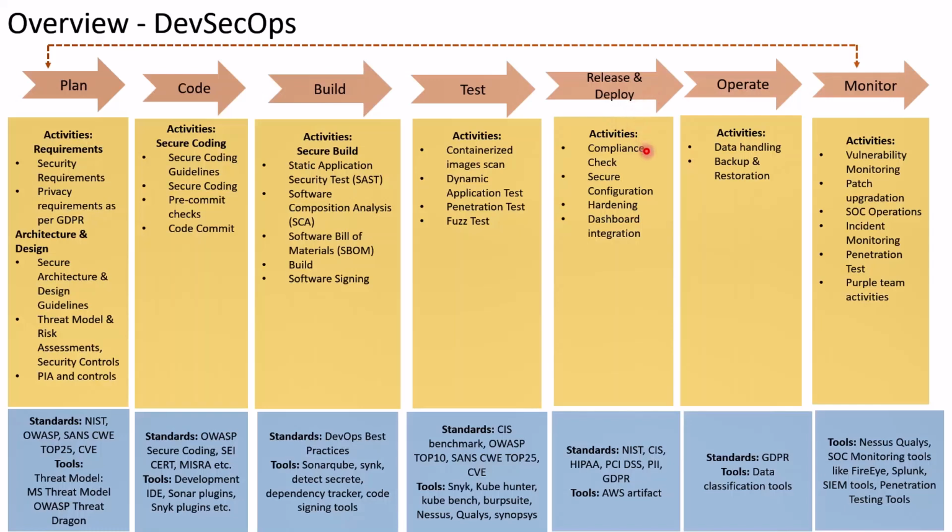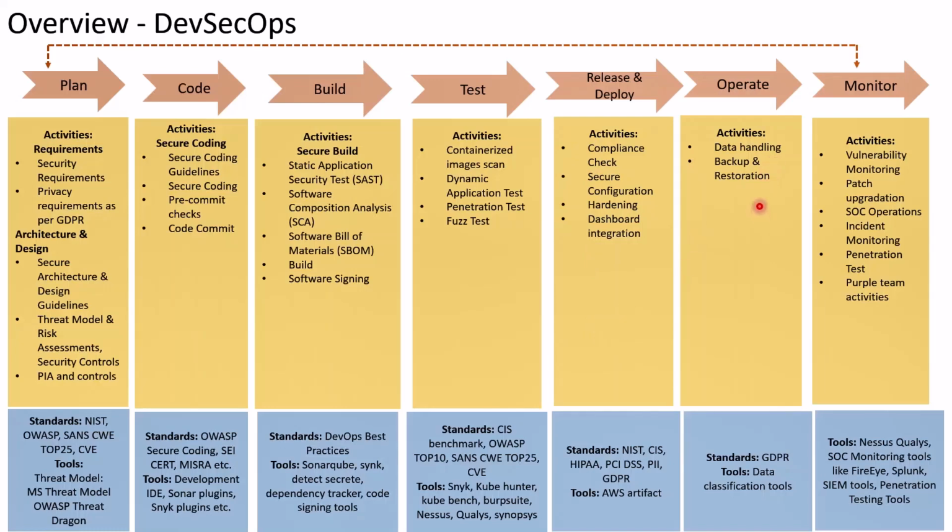Then the release and deploy phase: compliance check, secure configuration, hardening, dashboard integration for security monitoring. These activities we can incorporate. And on the standards aspect, NIST, CIS, HIPAA, PCI DSS, PII, GDPR, these requirements we need to consider. The tools, again here, we have tools like AWS Artifact or equivalent tools we can use to achieve the compliance checks.